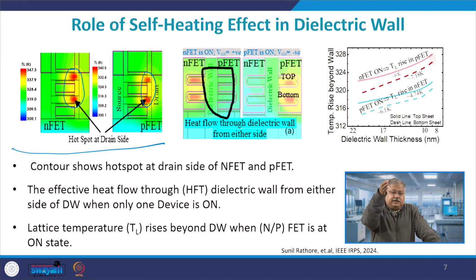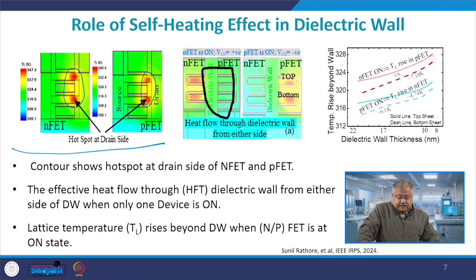Why? Because substrate is anyway not able to conduct any charge carriers as well as heat. Therefore, the heat is sort of trapped in that particular domain. Whereas, if you look at the top nanosheet FET, it is slightly lower red, which means that some dissipation path is always available to it.